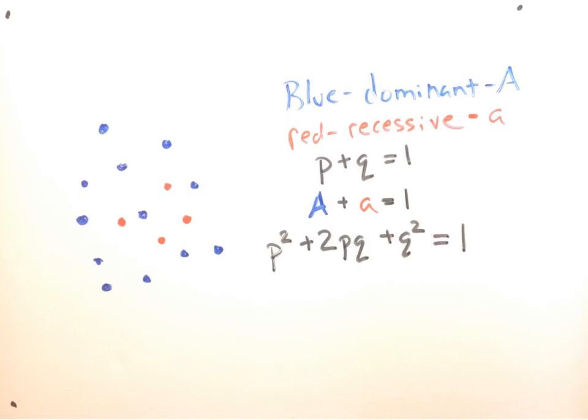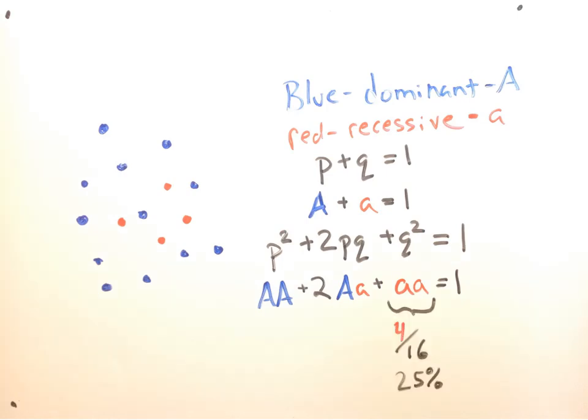The second Hardy-Weinberg equation is going to help us determine that. In this equation, P squared represents the homozygous dominant animals, 2PQ represents the heterozygous animals, and Q squared equals the percent of homozygous recessive individuals in the population.